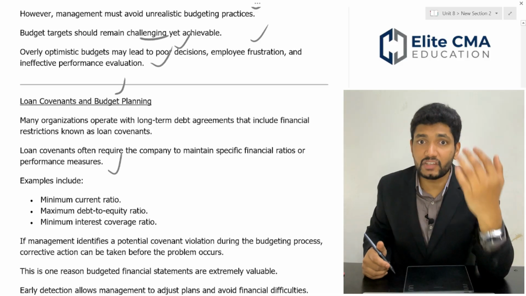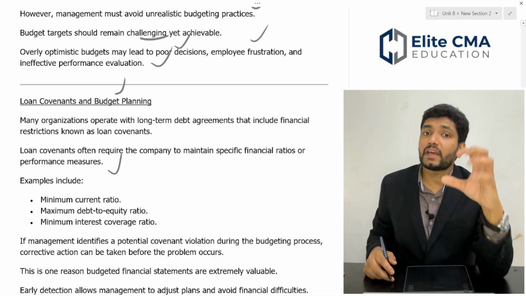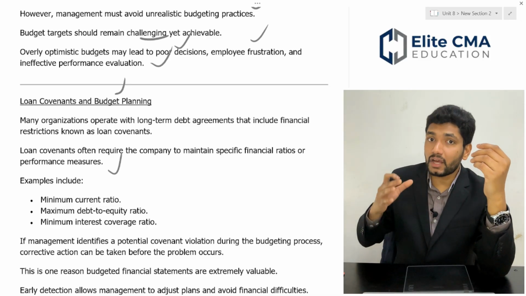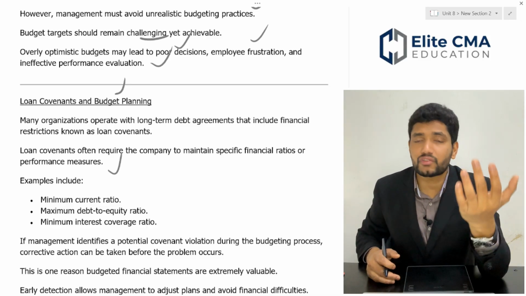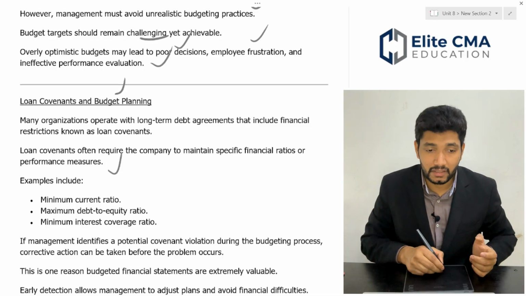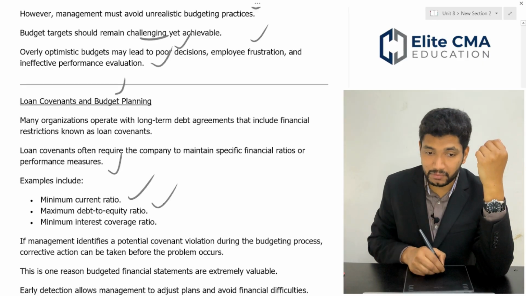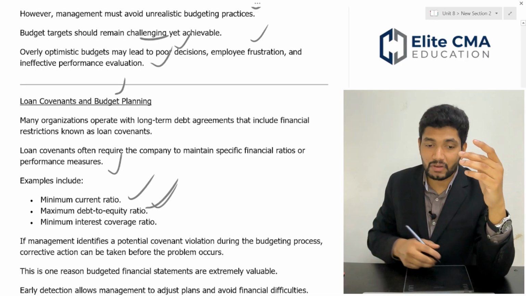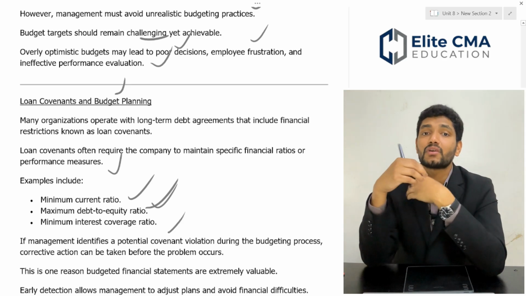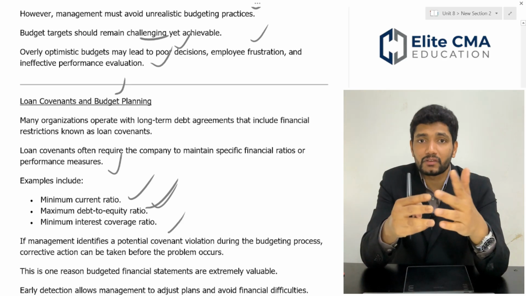These are conditions in the loan agreement where you have to maintain a minimum current ratio, a maximum debt equity ratio, a minimum interest coverage ratio.